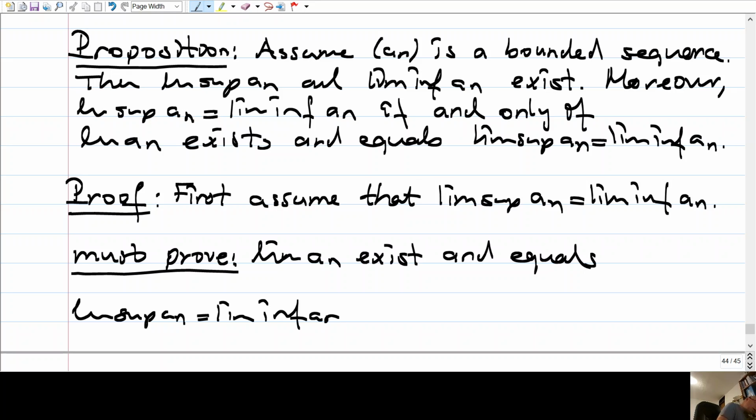You may also think of this proposition as a characterization of convergent sequences, right? For a sequence to be convergent, lim sup and lim inf should exist, and they must be equal to each other.